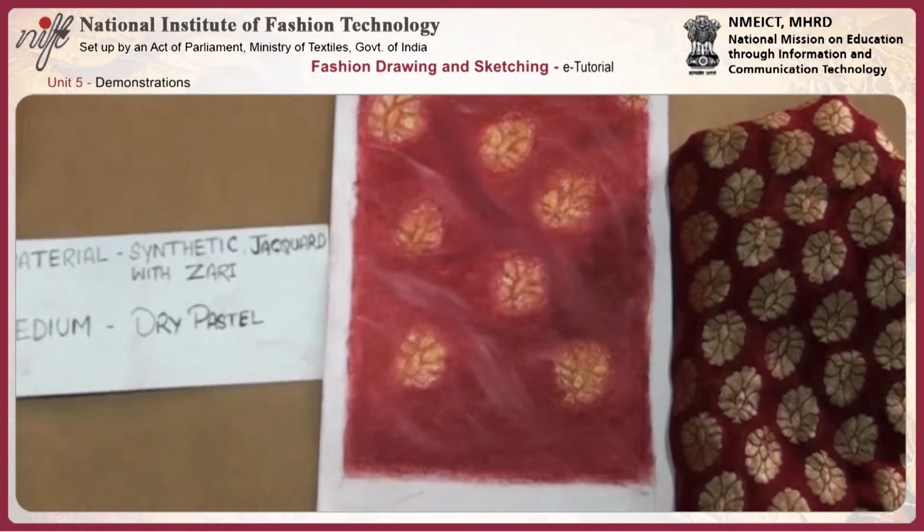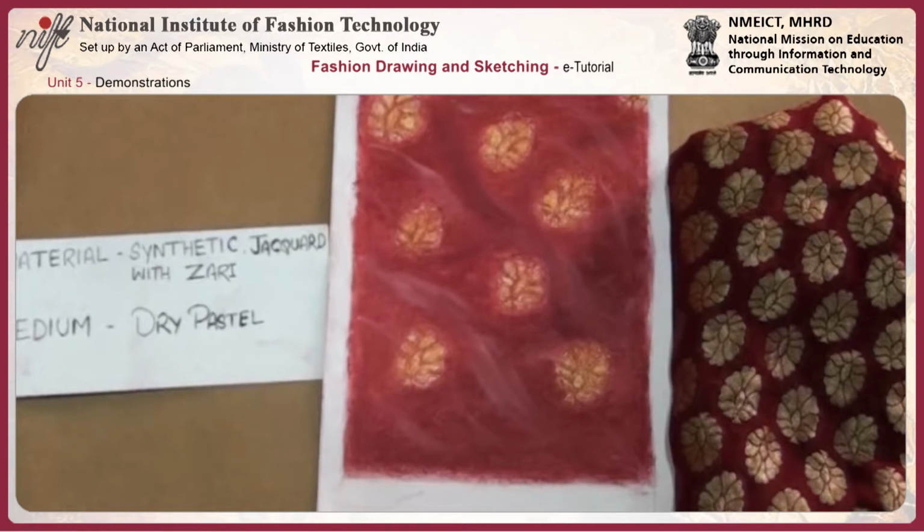This red again has been included with darker shades so that the ground fabric has a lot of light and shadow, which actually helps in enhancing the jacquard motifs using orange and light red.